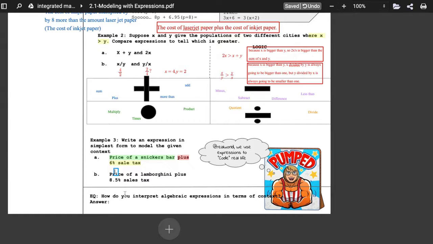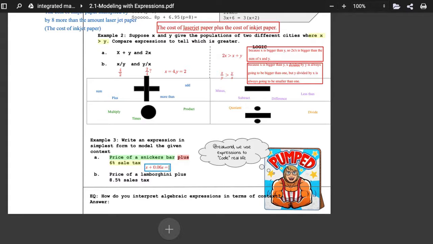So I'm going to have the Snickers bar plus the 6% sales tax. So 6% of the Snickers bar, and 6% as a decimal is 0.06, times S. And so you could leave it like that.